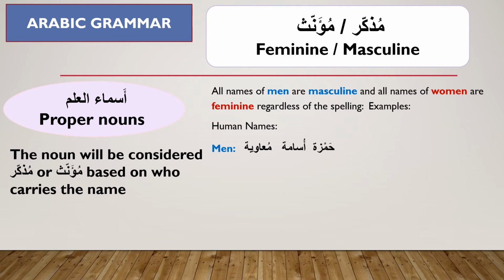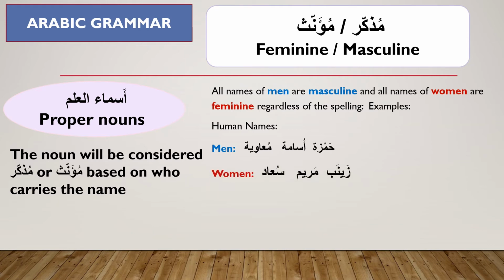Like Hamza, Usama, Muawiyah. Arabs use these nouns as names of men. Automatically, those nouns will be considered masculine because they are names of men.